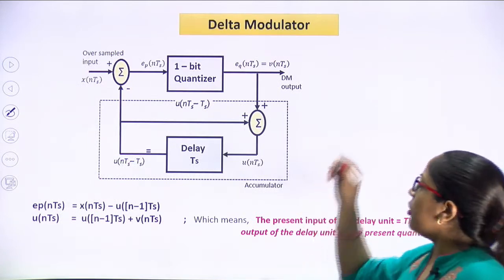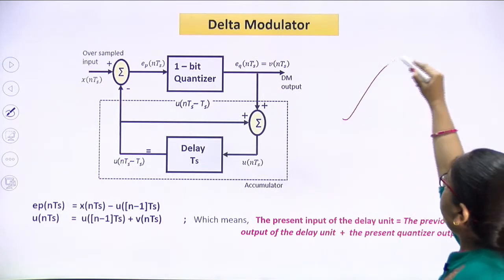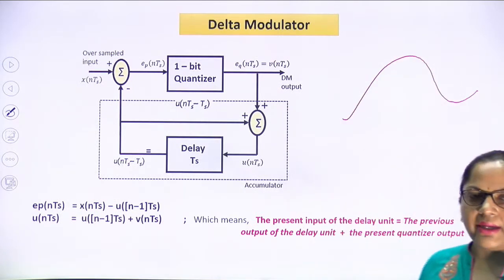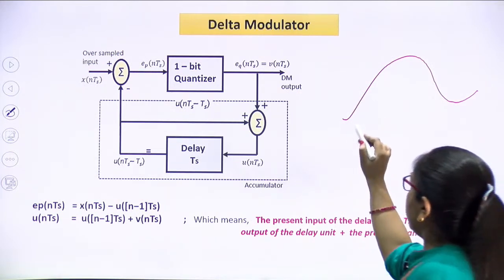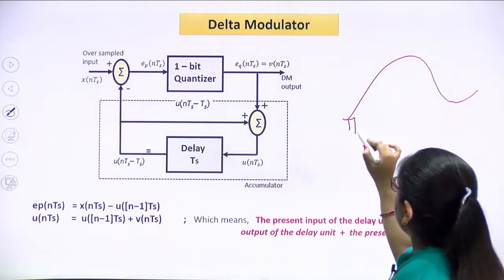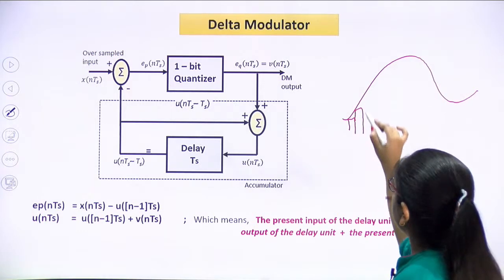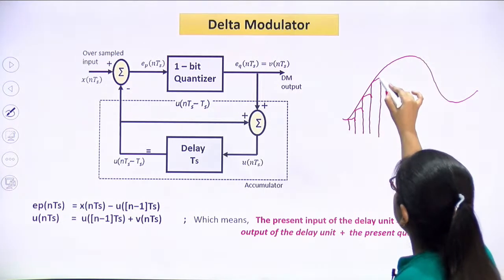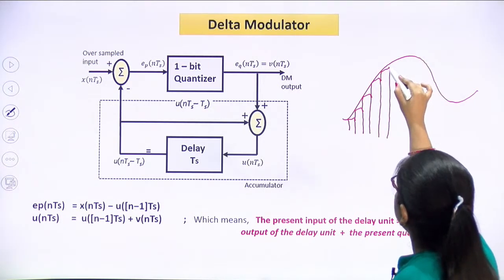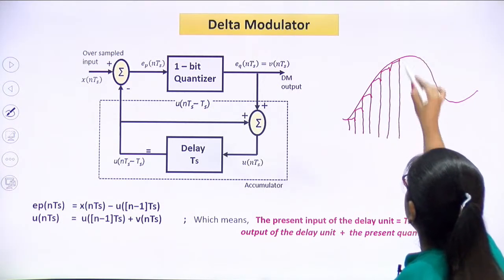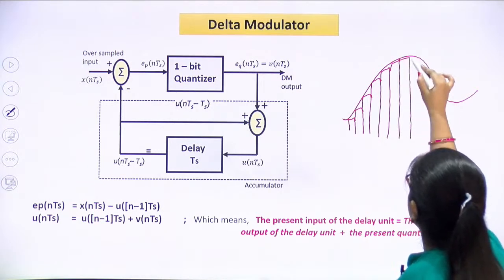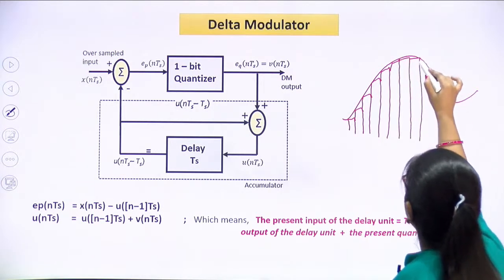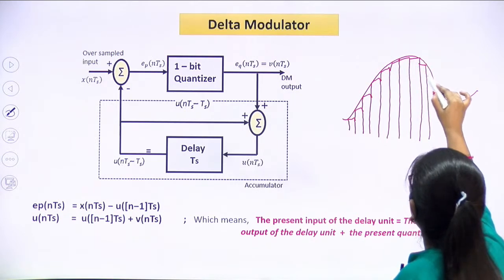In case of delta modulation, let us consider that this is our analog information. With the help of oversampling, first we will sample this analog information on the time axis.